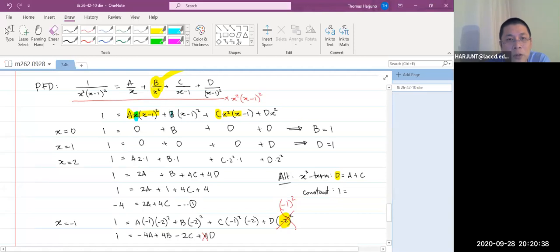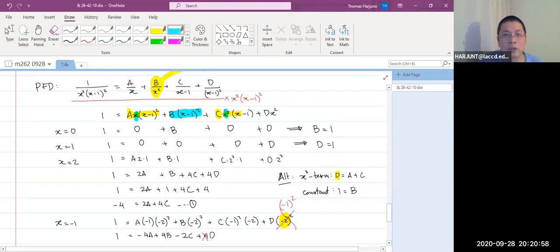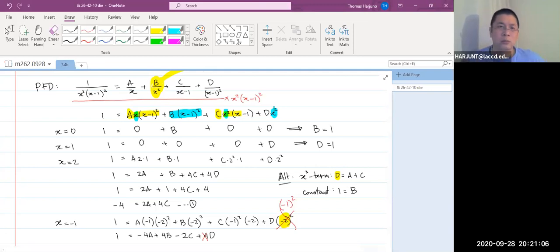The constant term here is b, because you have +1 times b, that's b. Now the constant term for this one here, nothing, right? Because we always have x squared, and we always have x squared here. So actually from there we get b equals to 1, but we already know the b.